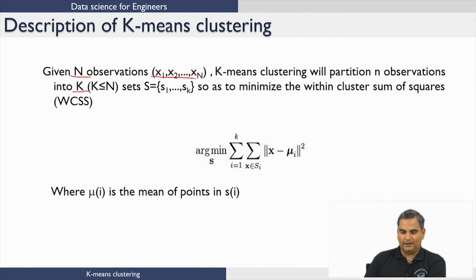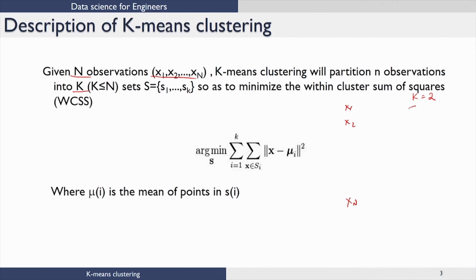To give a very simple example, let us say you have these observations x1, x2 all the way up to xn, and just for the sake of argument let us take that we are going to partition this data into 2 clusters. There is going to be one set for cluster 1, and another set for cluster 2.